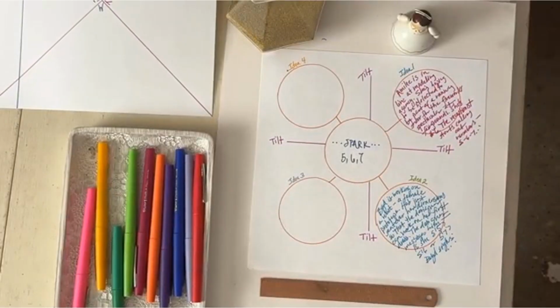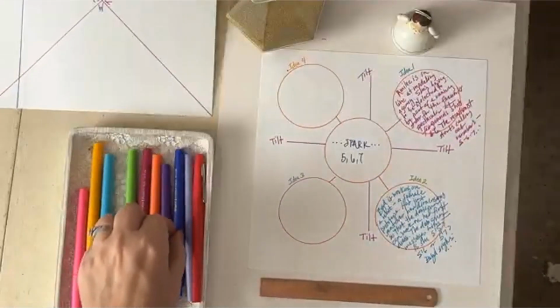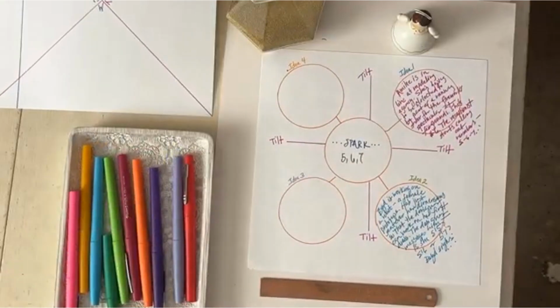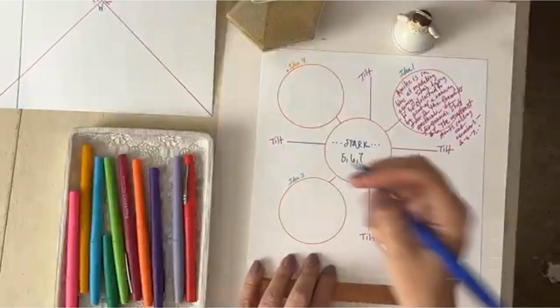Let's take a look at idea number 3. For idea number 3, let's say that we have Kathy.